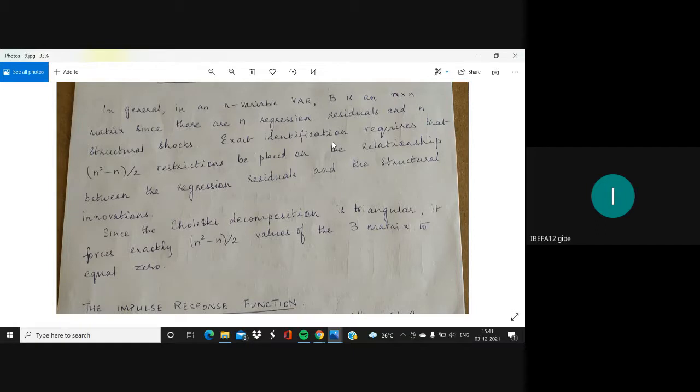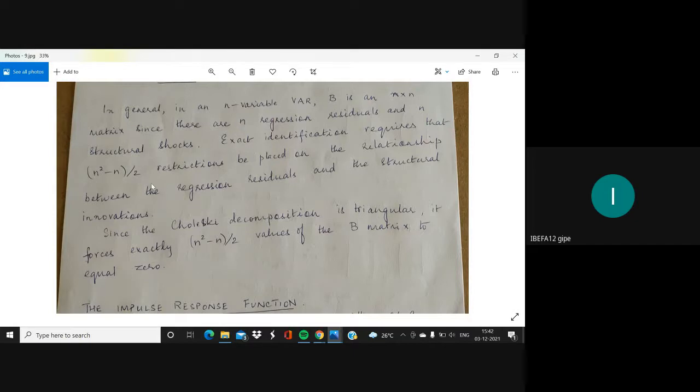Now exact identification requires that n square minus n by 2 restrictions be placed on the relationship between the regression residuals and the structural innovations. So here we are discussing the restrictions in terms of the relationship between the regression residuals and the structural shocks. You will have to place exactly this many restrictions on the relationship between the two sets of residuals.